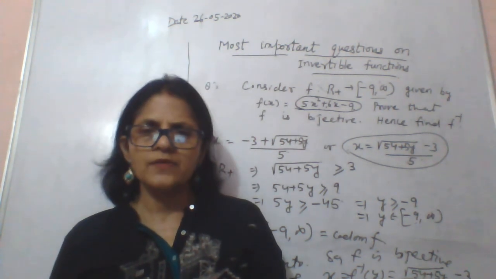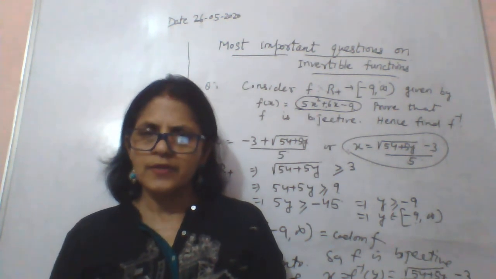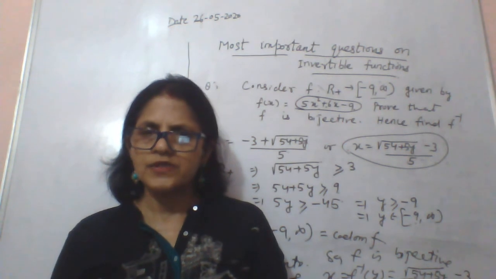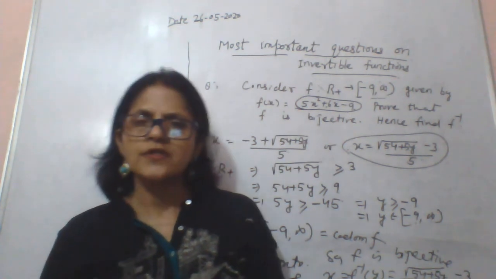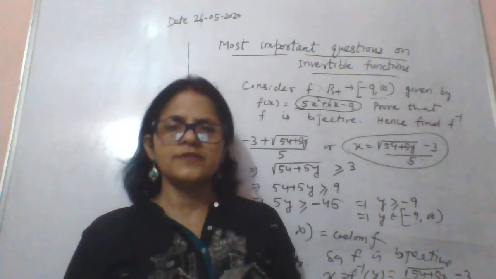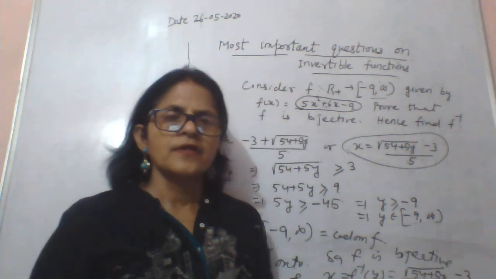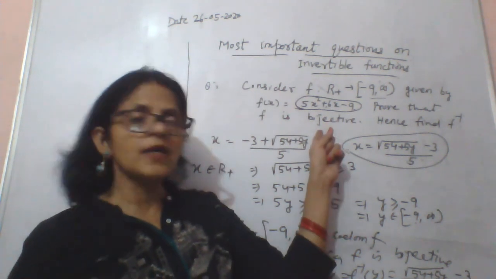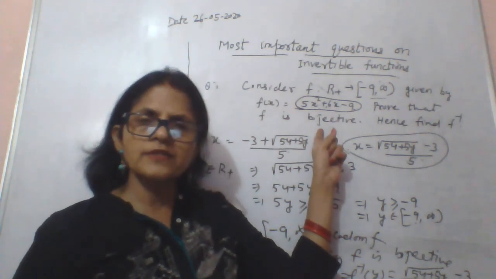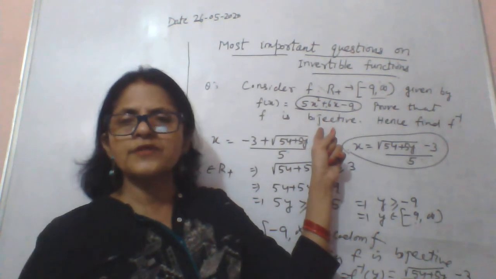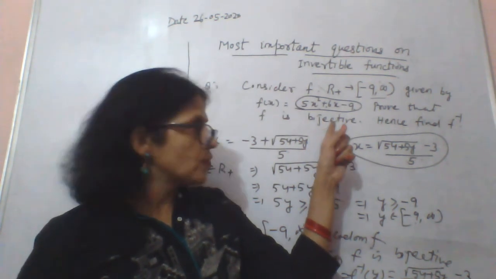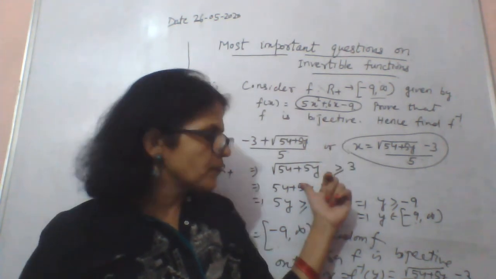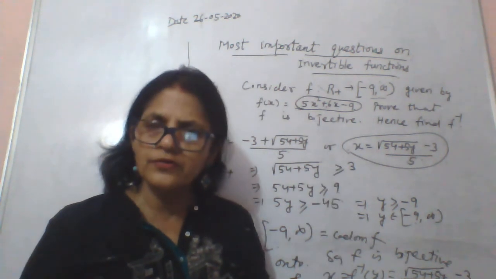So f of g(y) equals y, g of f(x) equals x. It means f of g and g of f are identity functions, so the inverse of f will be g. That is up to you. But if the question specifically asks to prove that it is bijective, then you don't have any choice. Prove that the function is one-one and onto, then you can get f inverse.